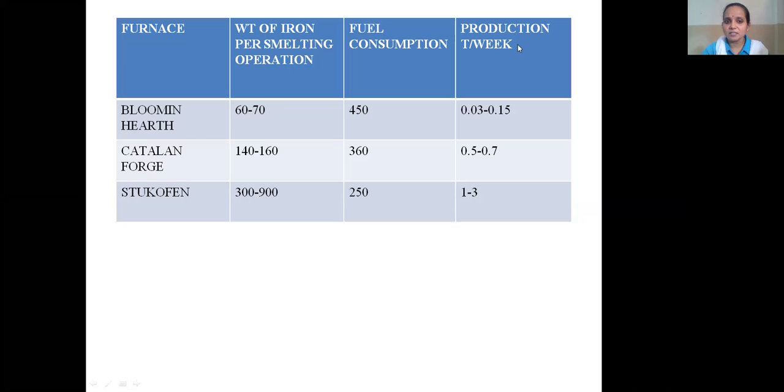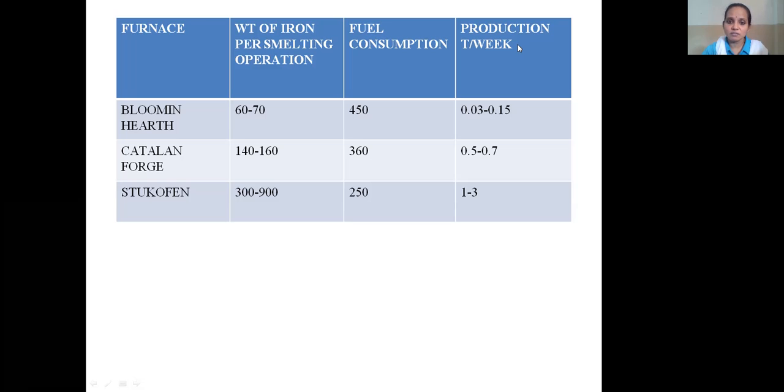The weight of iron per smelting operation is around 60 to 70 in the Bloomery earth furnace. In Catalan Forge, it is around 140 to 160 tons. In Stokofen, it is around 300 to 900 tons. Day by day, the production technologies have improved and the production rate has also increased.